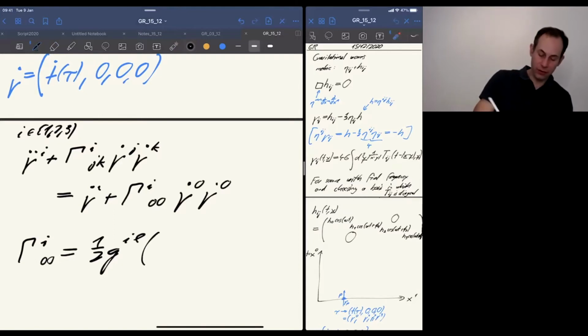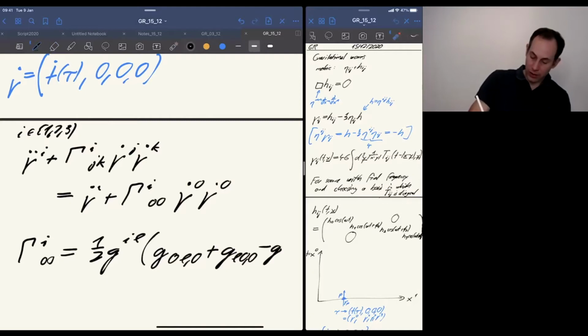So first of all, I have a G, an inverse metric with indices upstairs, and then I have to sum. And because I'm only interested in the 0, 0 components, this sum looks like this. So the L is the summation parameter, G L 0, 0 minus G 0, 0, L.